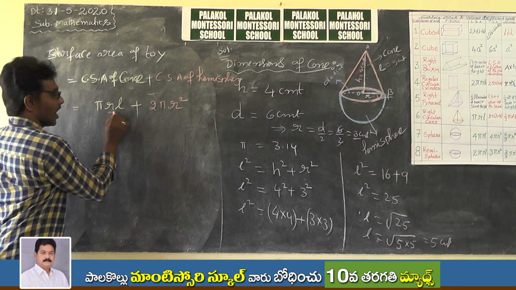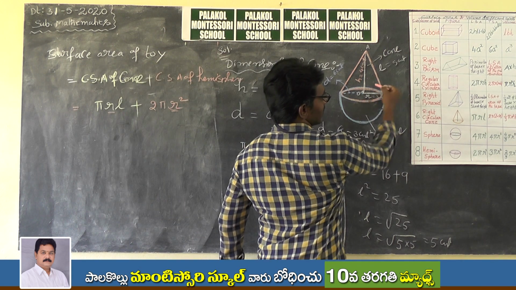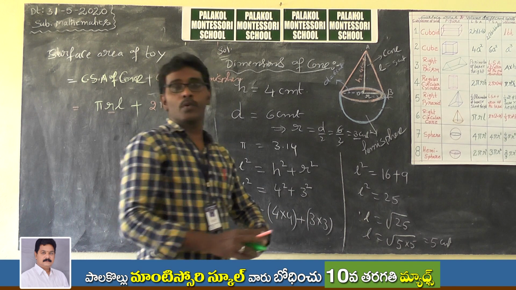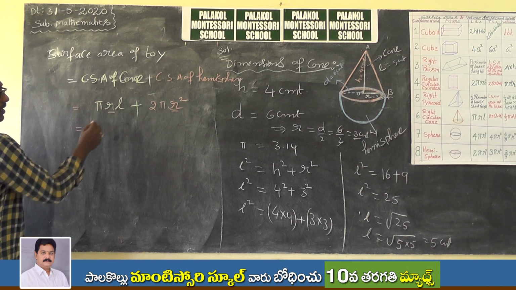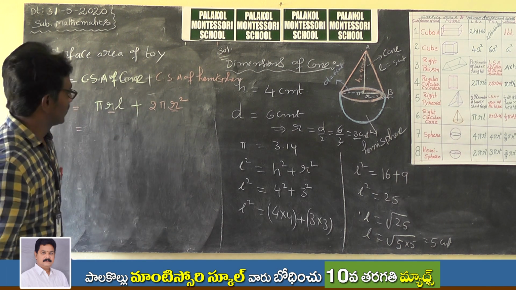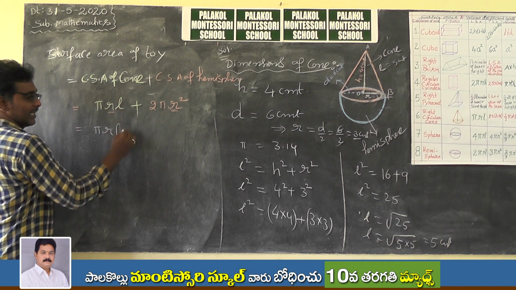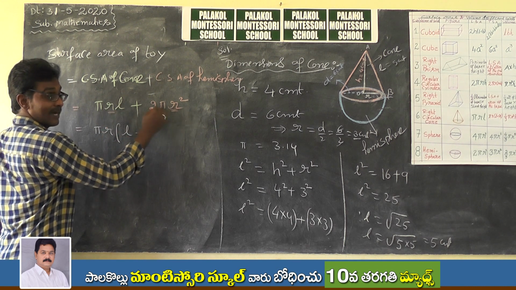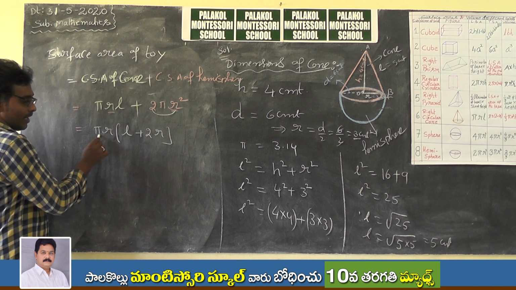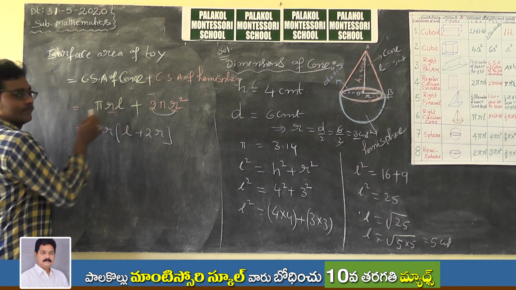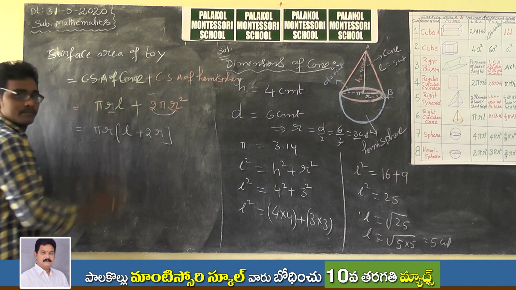In this case, r is common to both solids, since it's a combination mounted together. So pi r is common. What is remaining here? l. What is remaining here? 2r. Remember, pi r into l is pi r l, and pi r into 2r is 2 pi r square.